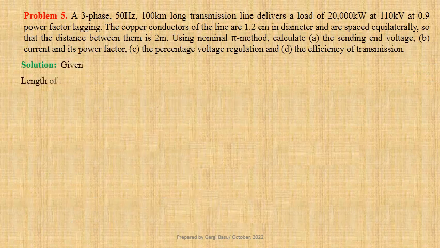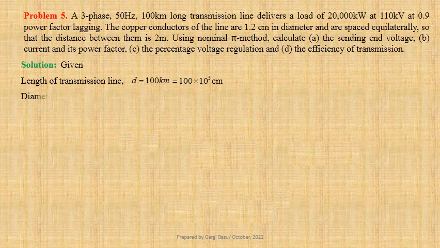Given length of the transmission line D equals 100 kilometers, that is 100 into 10 to the power 5 centimeters. Diameter of the conductor D1 equals 1.2 centimeter.